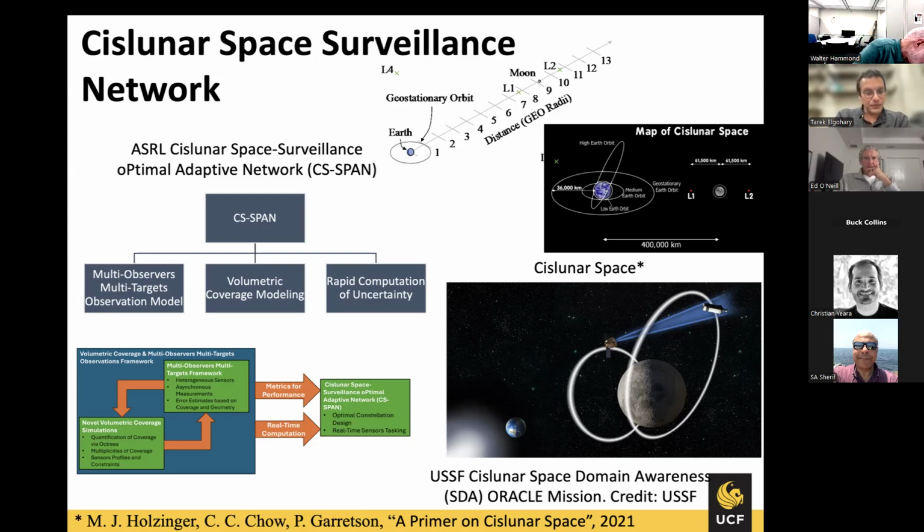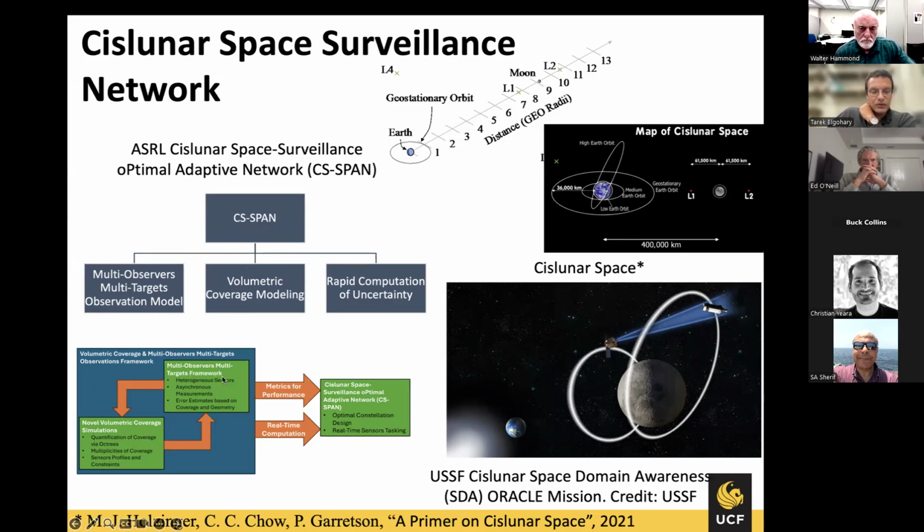So the idea is if you're gonna do this on space-based surveillance type spacecraft, then we need a way to quantify uncertainty, make predictions rapidly and in real time on board, and that's the third component of that research. So down here, this is sort of how we link those things together.